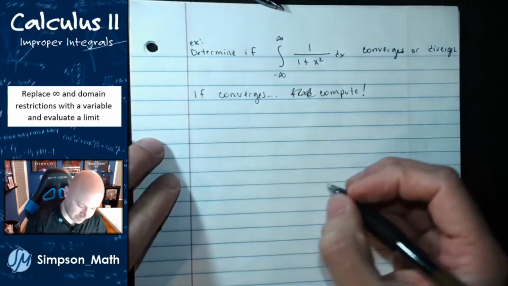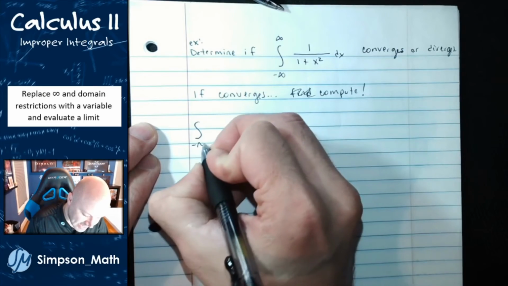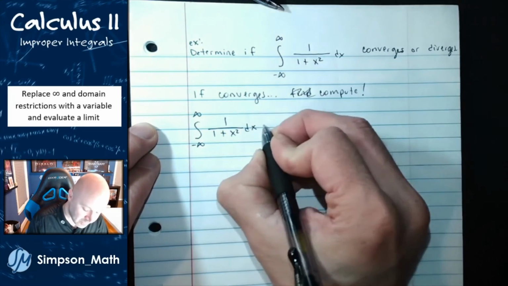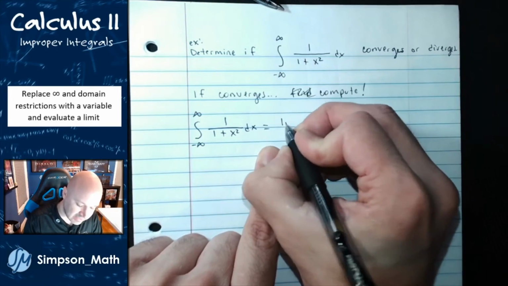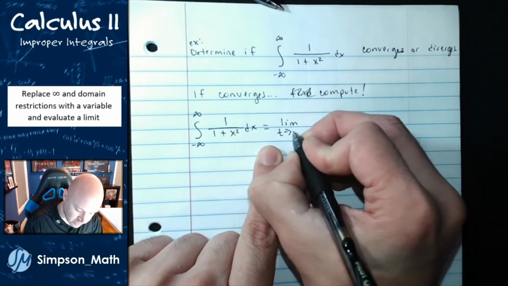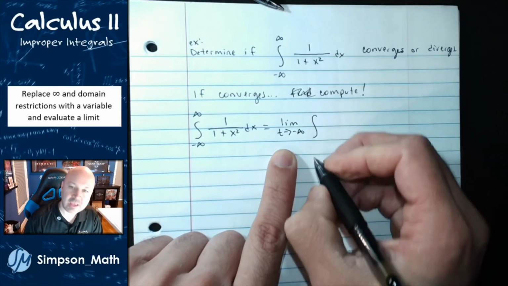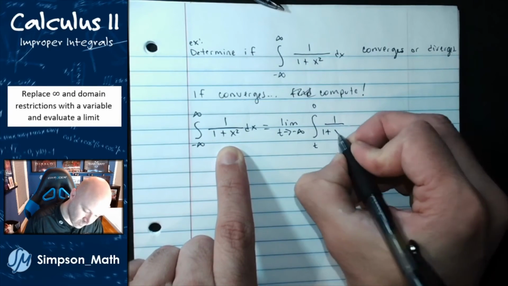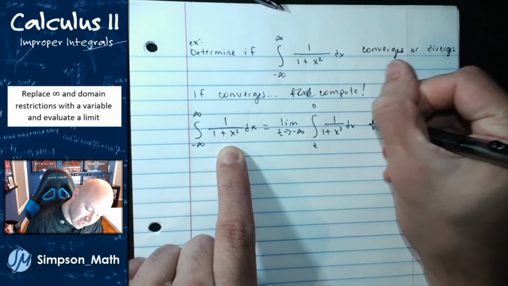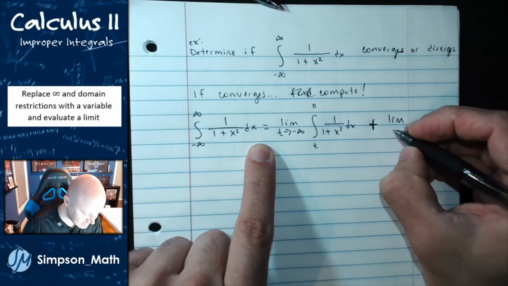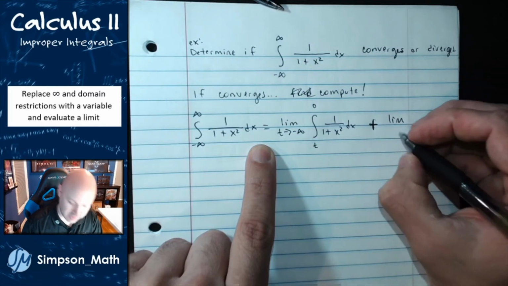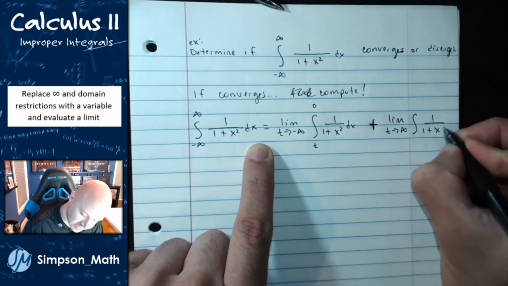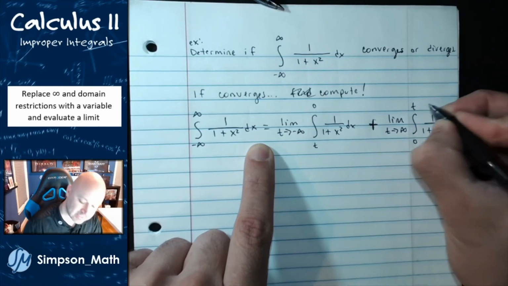All right, so what I mean by that is the integral from negative infinity to infinity of this function, which should look familiar to you, is equal to the limit as t goes to negative infinity of the integral from t up to 0 of this function, plus another limit as, I hate to use t again, but I'm going to, t approaches infinity of the same function, 1 over 1 plus x squared, from 0 to t.